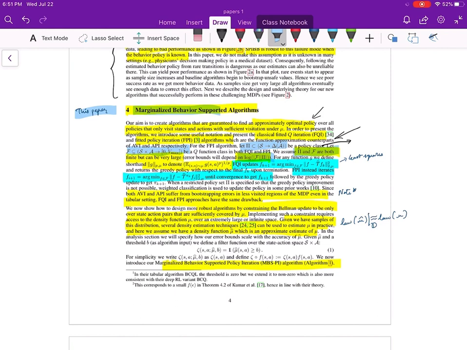Let's go ahead. They define the weighted norm here, the p mu norm. This is where you would find the least squares version of the AVI or API updates. The FQI update is this way.